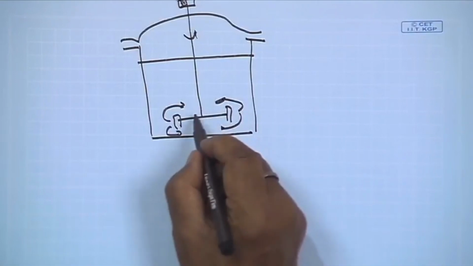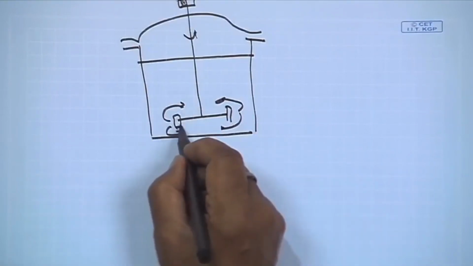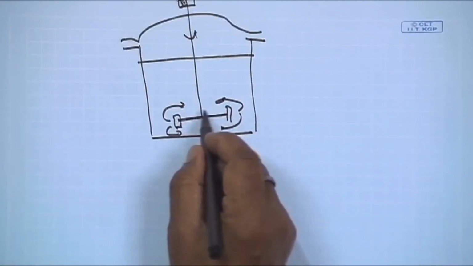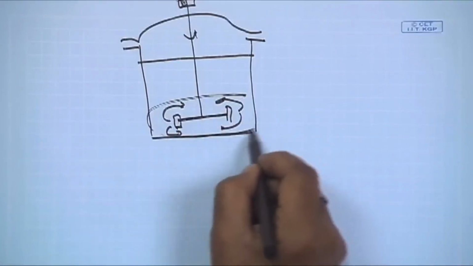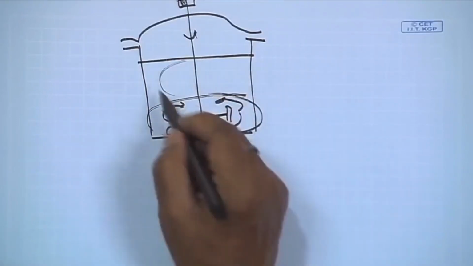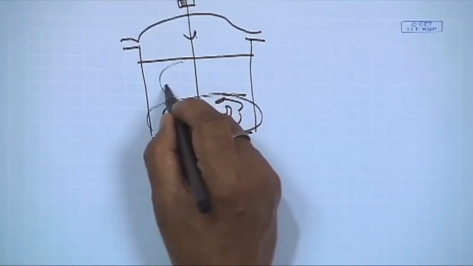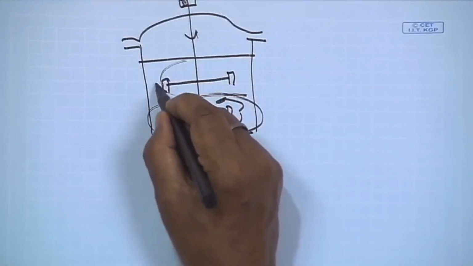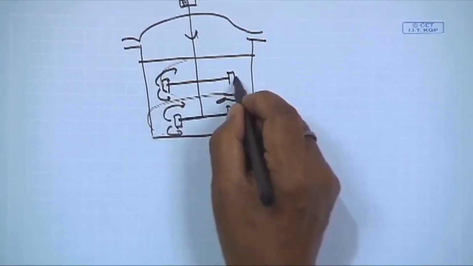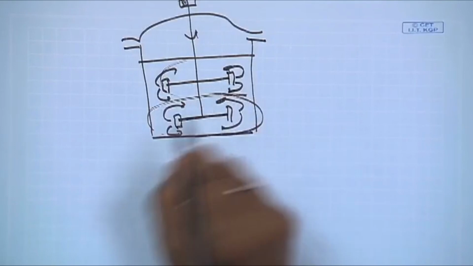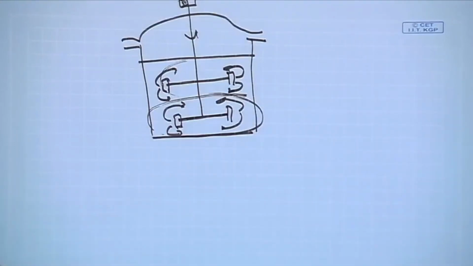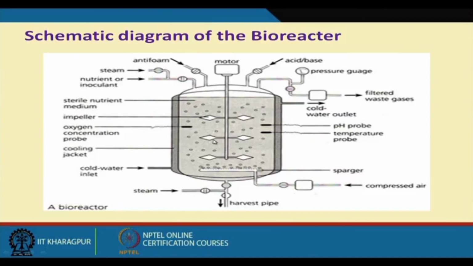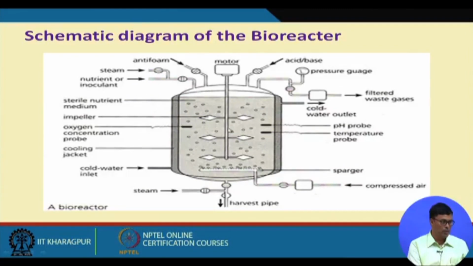One thing I want to point out is that when you have one blade like this, the agitation will mainly be in this portion, not this portion. So for this portion, you should have another blade so that it will stir this too. So there is a multiple arrangement of blades. Here you can see that you have so many blades. This is not a single arrangement; there are different arrangements to have homogeneity in the reaction mixture.